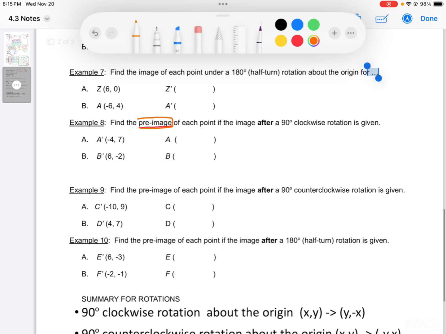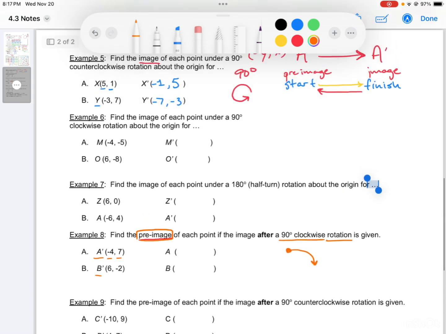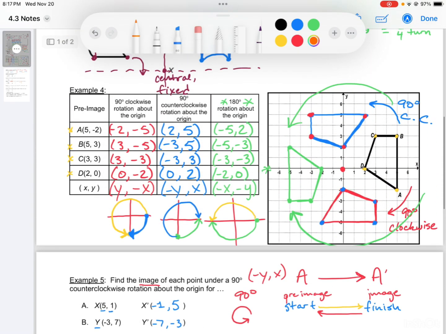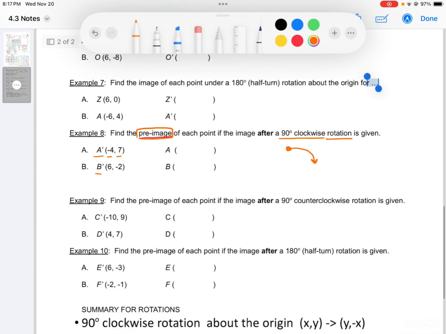Looking down at example number 8, we're trying to find the pre-image. That's where we started. And these points, A prime and B prime, have been rotated 90 degrees clockwise. So after this rotation, let's look at our rule for 90 degrees clockwise: (y, negative x).